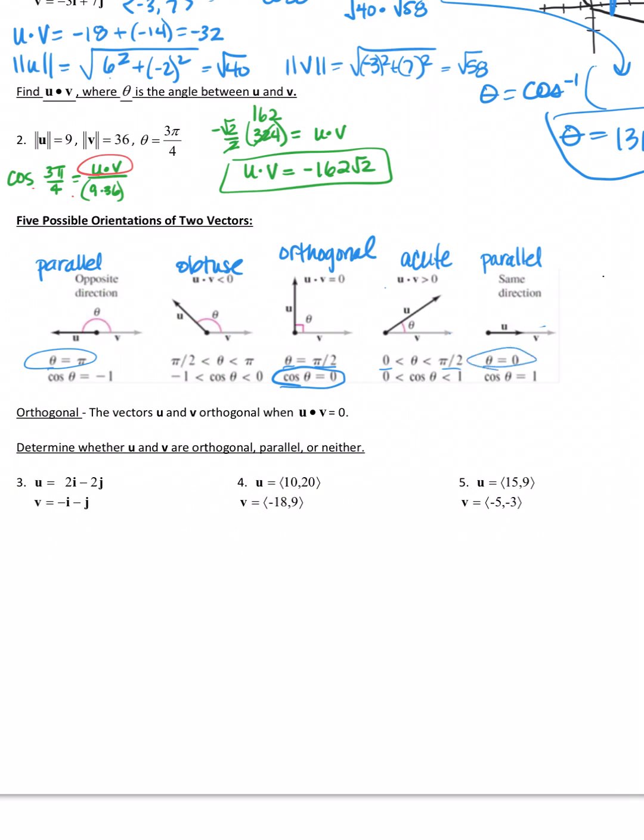Okay? Now, let's put this into play. So here's our definition of orthogonal, just so you have it. Vectors are orthogonal when the dot product of u times v is 0. Why is that? Because that means the cosine is 0. Okay? Using our formula. Remember, our formula says this.